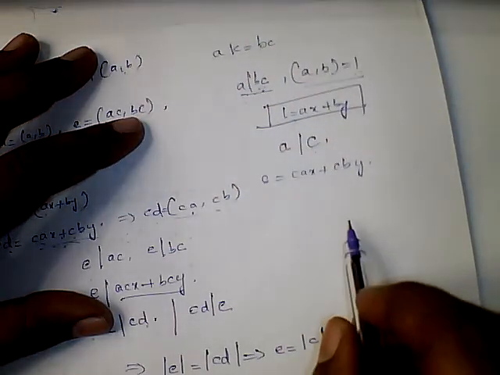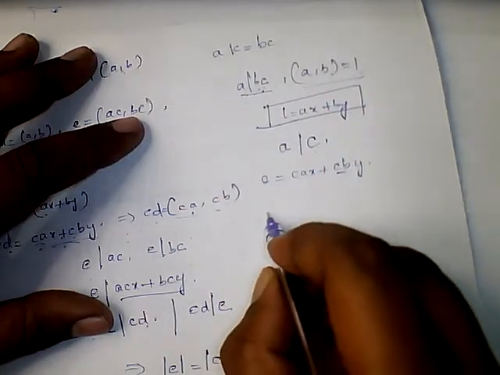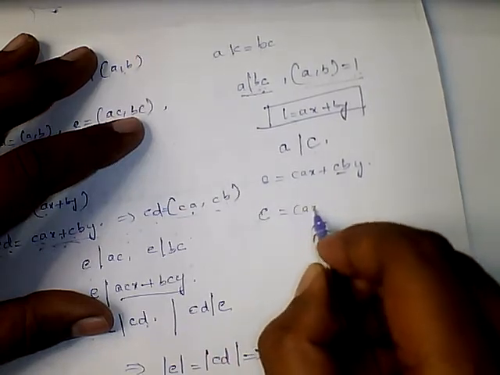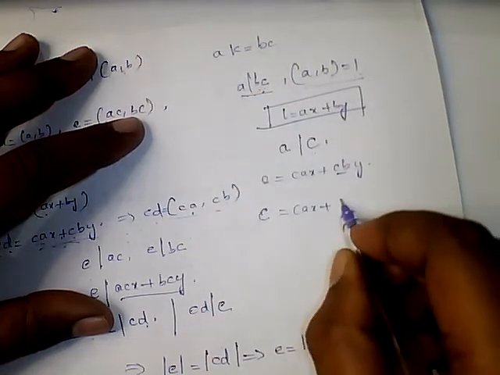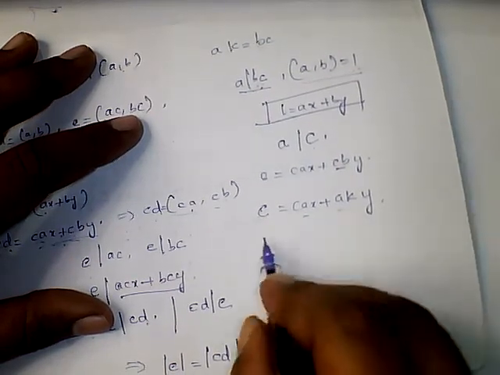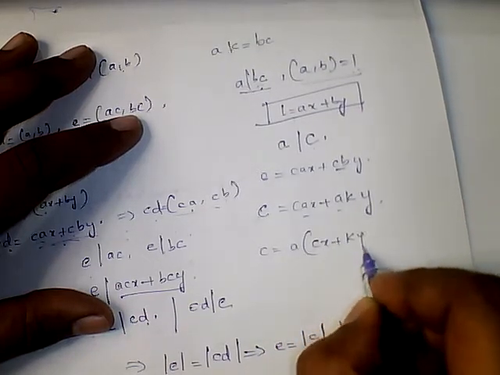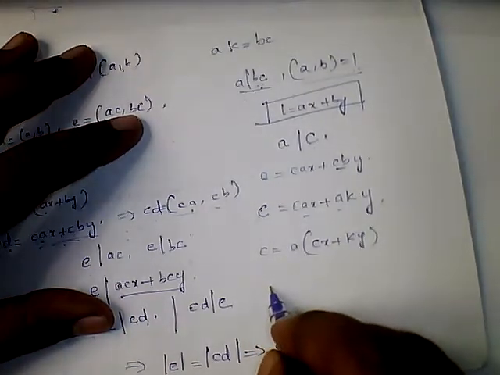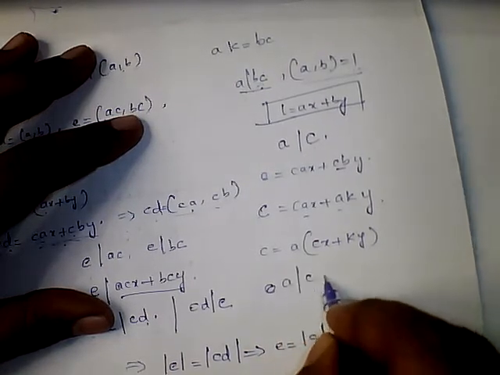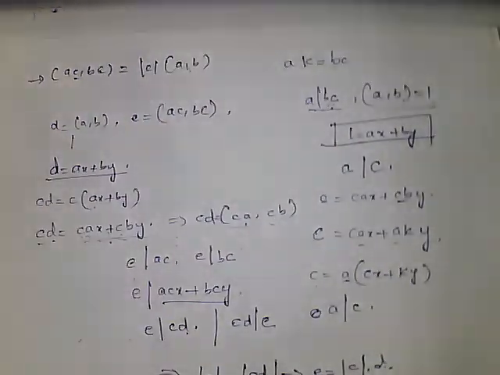Alright, from this, instead of this BC, I can write CAX plus, instead of BC, AK into Y, taking out A common, I get A times CX plus KY. That implies A divides C. Alright, A is dividing this C. That is pretty much easy.